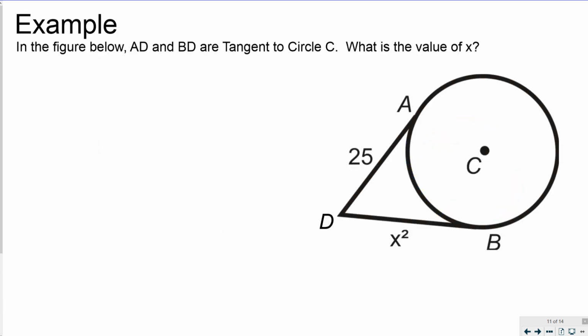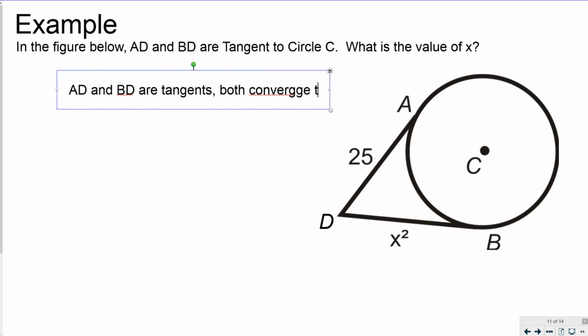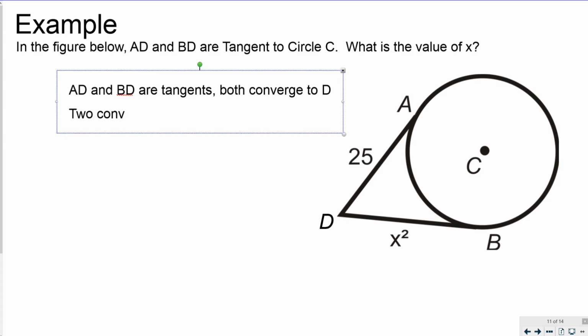Okay, so now we're going to do some more tangent work here. It says in the figure below, AD and BD are tangent to circle C. What is the value of x? Okay, so we're again going to run through the things that we know. We know that AD and BD are tangents, and both converge to D. So we're going to use the property that two converging tangents are congruent.